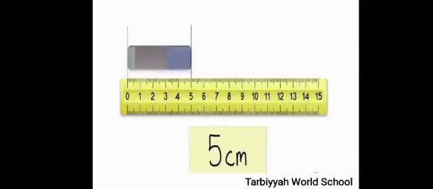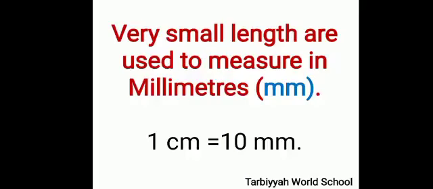This is placed on exact 0 to 5. So 0 to 5 is 5 centimeters. Okay. See, very small length are used to measure in millimeters. Okay. Very small objects or length we used in millimeters. 1 centimeter is equal to 10 millimeters.